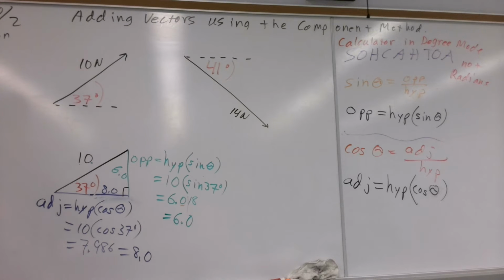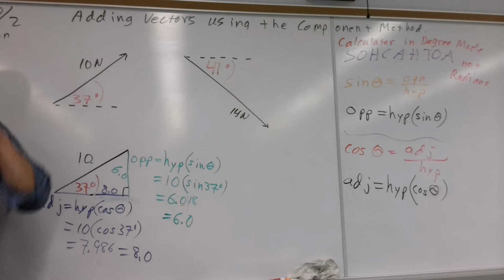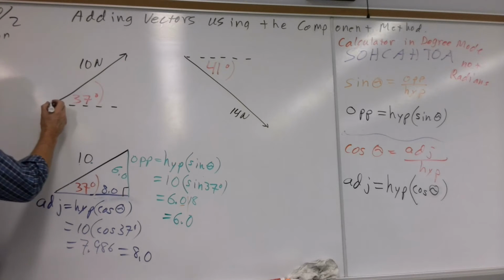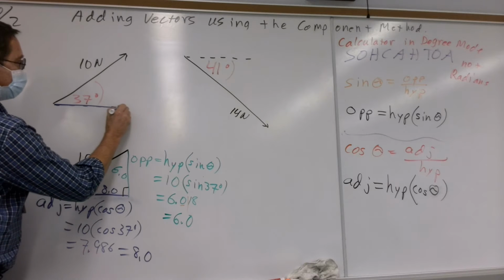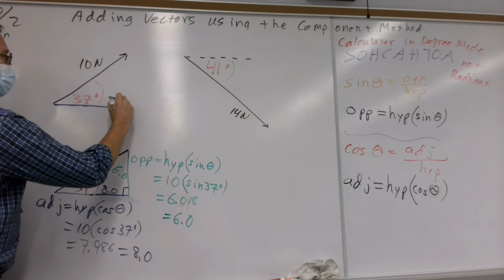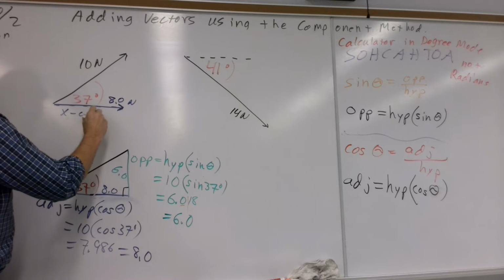Now I want to show you where this leg and that leg fit in up here and are considered the component vectors of the original 10 Newton vector. So this one is easy. This is the x component, and it is 8.0 newtons long.